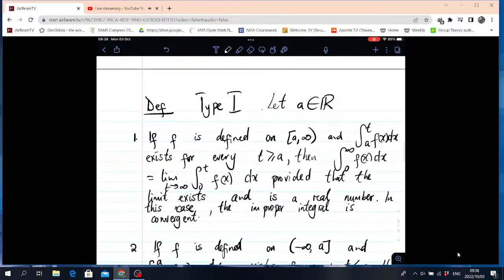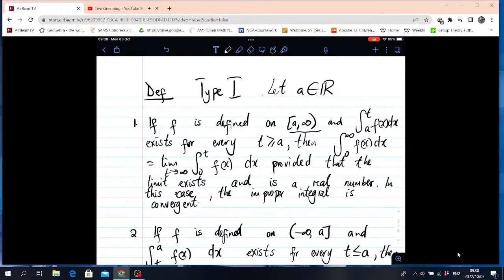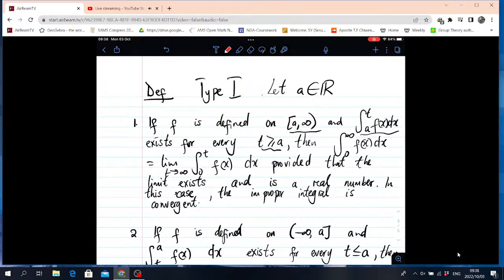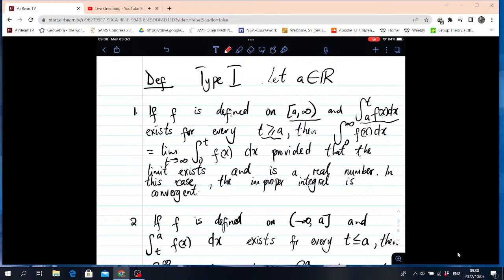So our type 1, to put it more formally, if you've got a function f that is defined on this set, from a to infinity, and the integral from a to t exists for every t that is greater or equal to a, then what it means is the integral from a to infinity is just the limit as t tends to infinity of the integral from a to t of f of x dx.